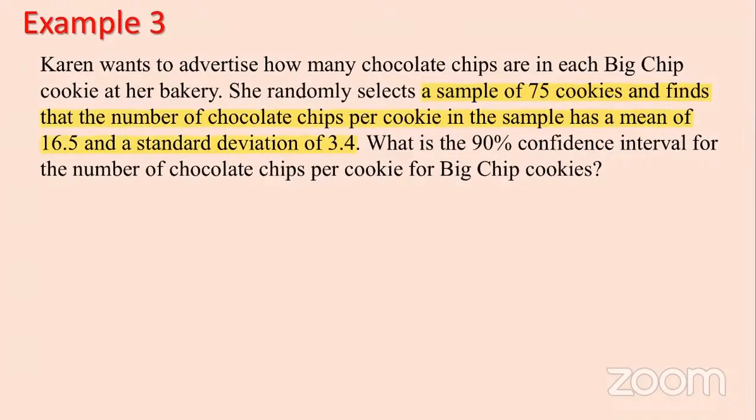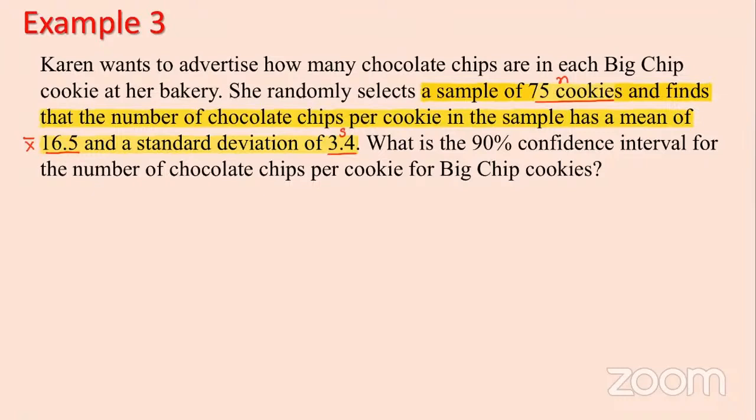So 75 cookies, that is the sample size n. 16.5 is the sample mean. And 3.5 is the sample standard deviation. So the standard deviation is given, but not the population standard deviation. Instead, they have given the sample standard deviation.